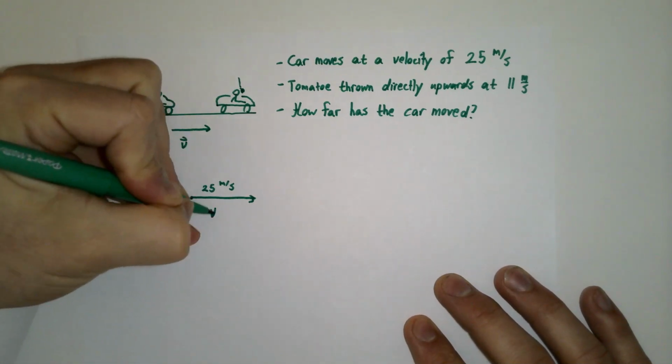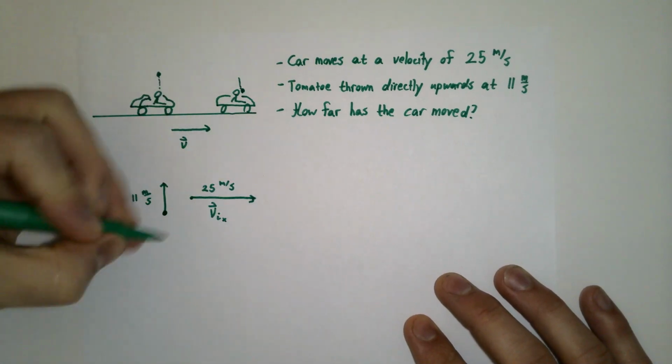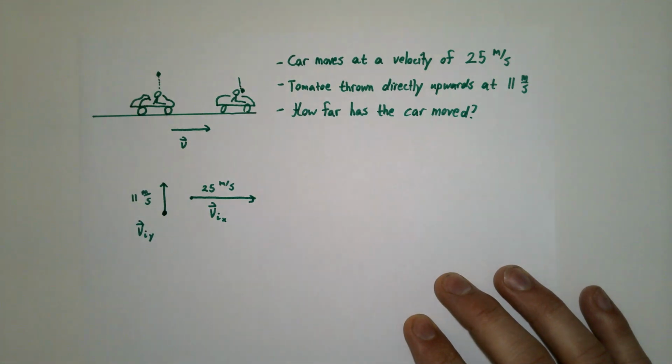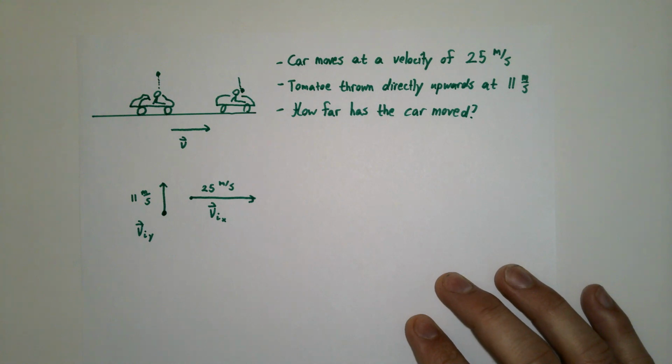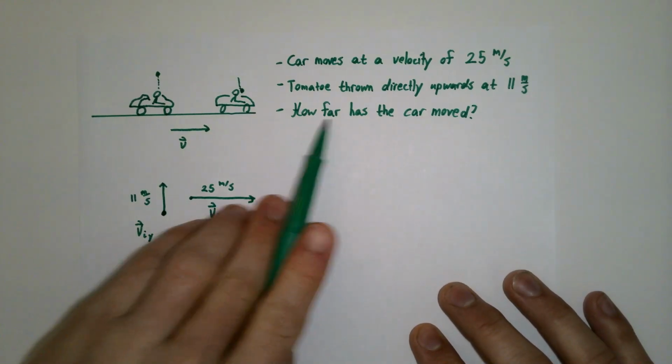This one being the initial velocity in the x dimension, and this is the initial velocity in the y dimension. Therefore, this is a kinematics in two dimensions sort of question, so I need to independently analyze what's happening in x and what's happening in y, in order to finally answer our question of how far the car has moved.